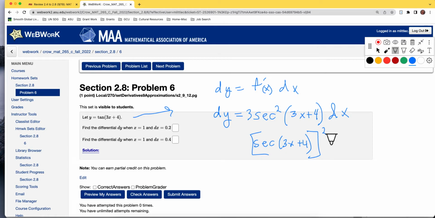Does that make sense? So when you plug in, you're going to put in 3 secant of 3 times 1. 3 times 1 is 3 plus 4, so you get secant of 7, and then you're going to square all of this, and for dx you're going to put the 0.2, and that will give you your dy. Okay.